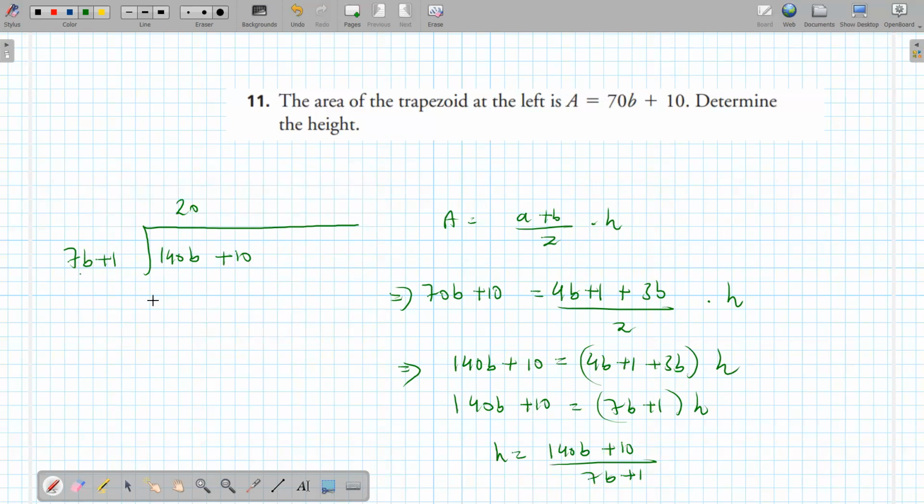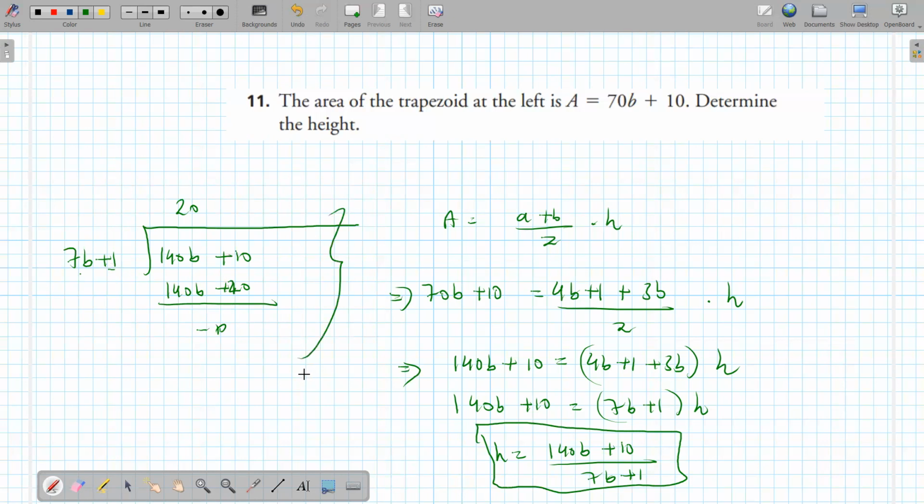So then maybe this is not doable. 7b times 20 is 140b, and then plus 1 times 20 is plus 20. You get a remainder of -10, so that's going to be the final answer. I was hoping it would be exactly 20, but it's not because there's a remainder. So this is called long division of polynomials. Not really part of this course.